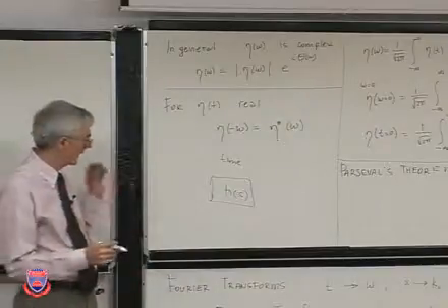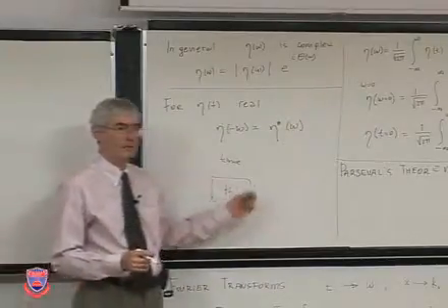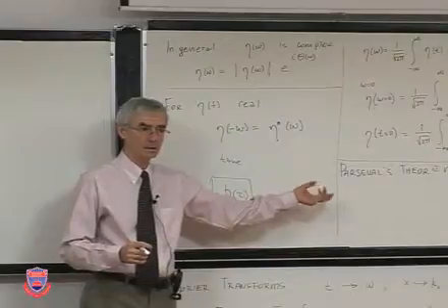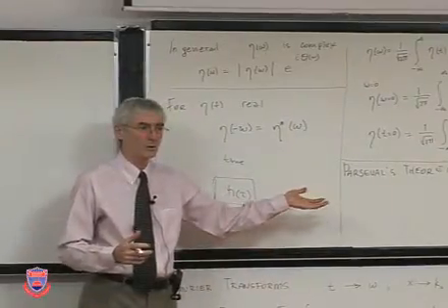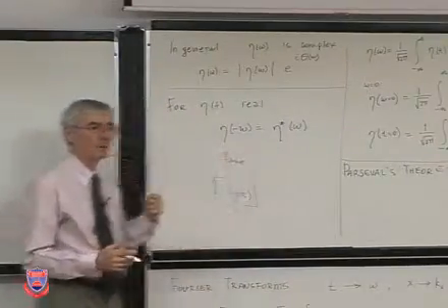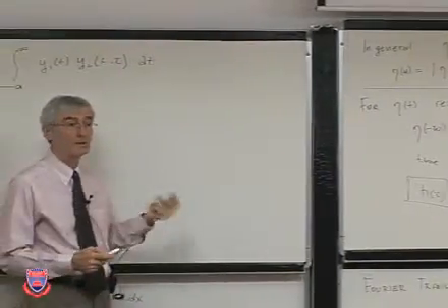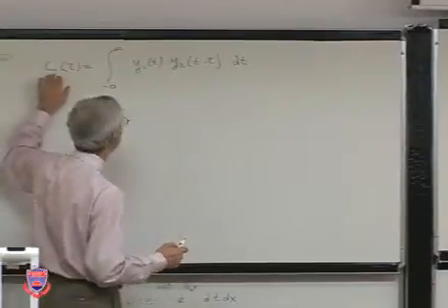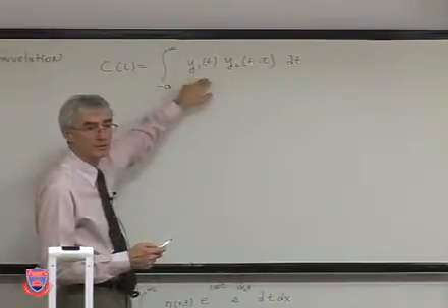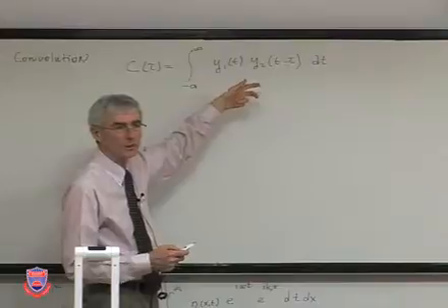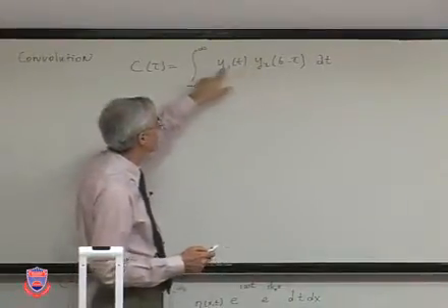Impulse response is when you give an impulse to a system, the result is what's called an impulse response. When you have an impulse response, then you can obtain the response due to any input. That's where convolution comes in. It convolves these two.